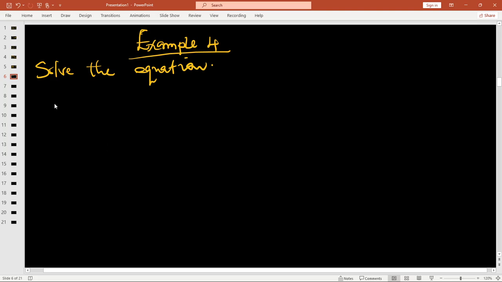We just solve one example here. So 5 cos squared theta plus 3 sine theta minus 3 equal to 0, like this.